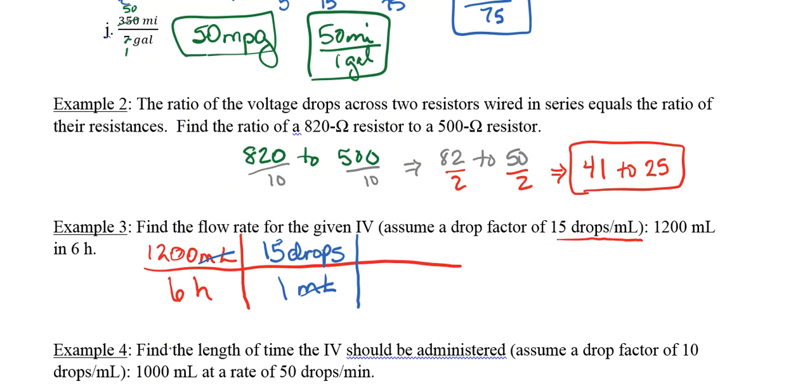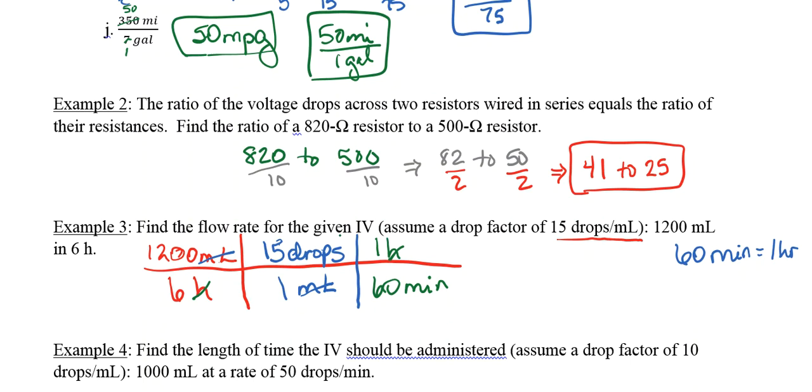So think about what you know. I know there are 60 minutes in 1 hour. So since I need the units that are the same to be on opposite ends, I'm going to put the hour on top and the minutes on bottom. That way I have one on top and one on bottom. So I have drops per minute, which is what we want to be in.